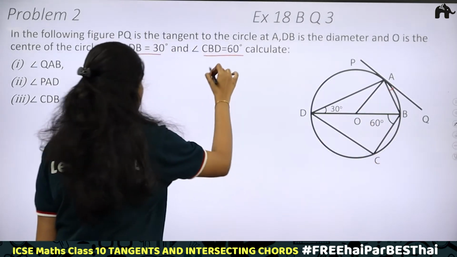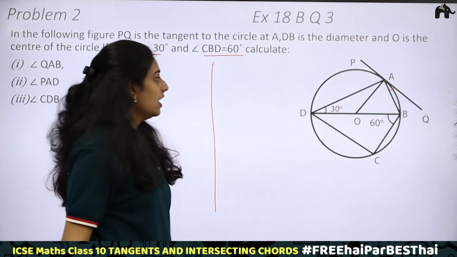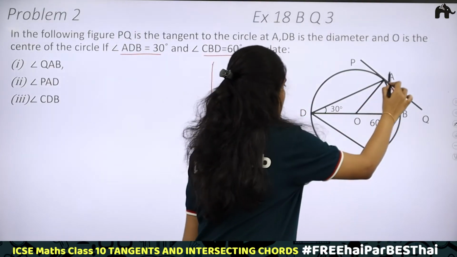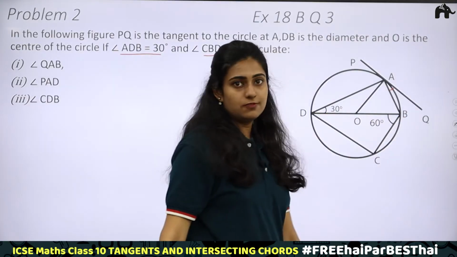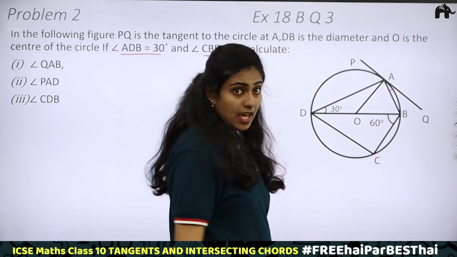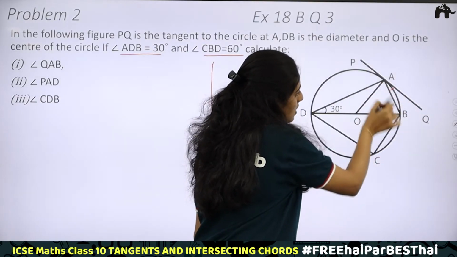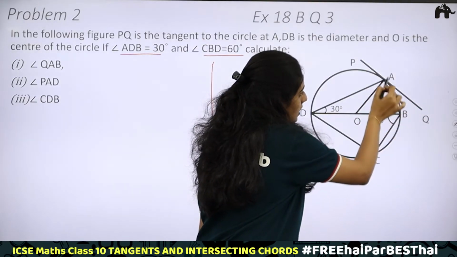We have studied theorems. Yes. Now when you consider this chord AB, AB subtends angle ADB on the circumference of circle and the angle made between this tangent and chord is the required angle QAB.